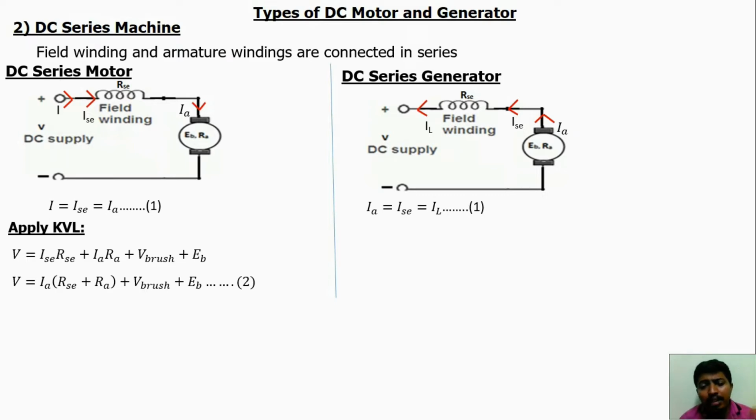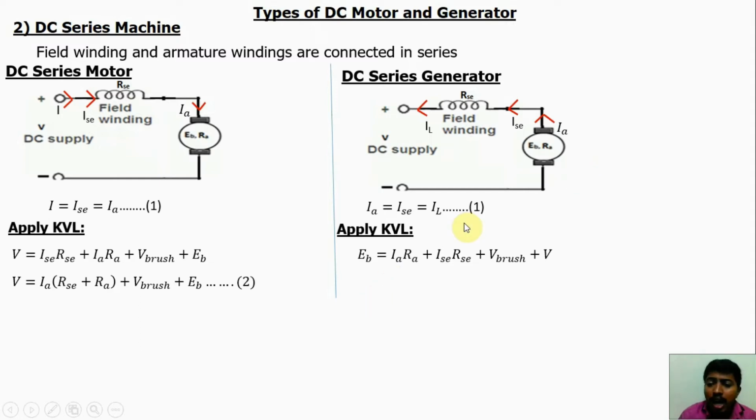Now apply Kirchhoff's voltage law in this loop. Here the input is the back EMF EB, the developed voltage. So based on Kirchhoff's voltage law, EB is equal to the drops. In the armature there is a resistance, so IARA drop, and in the armature there is a brush, so brush drop, Vbrush.